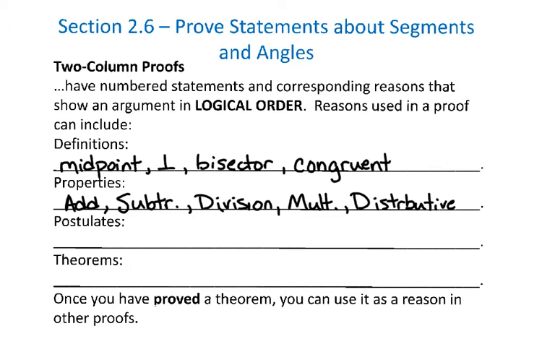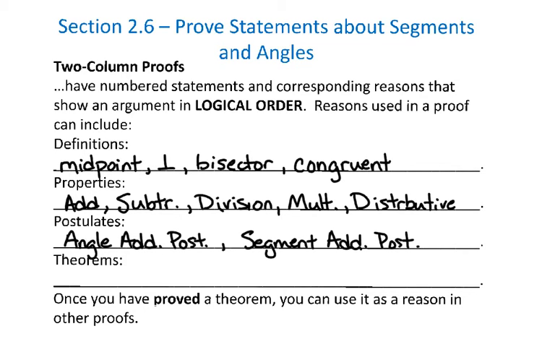And some postulates, any of the point, line, plane postulates that we have looked at, and also the angle addition postulate, and also the segment addition postulate. We can use those as reasons in our proofs. Okay.